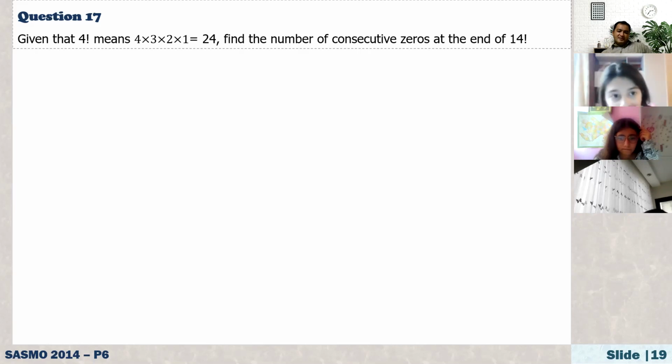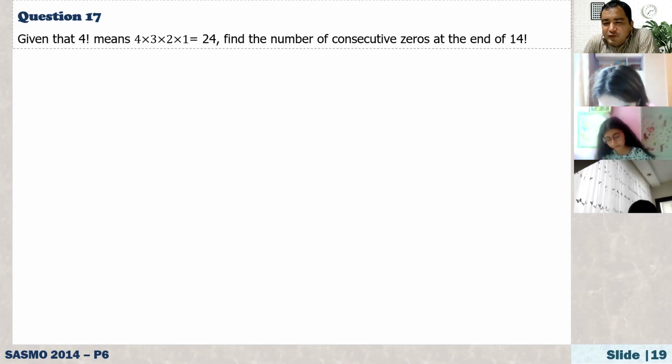Leila, are you solving? No. Yes or no? Nigar, how about you? Continue with this consecutive periods and factorial 14.